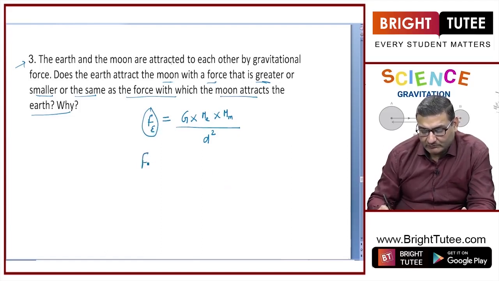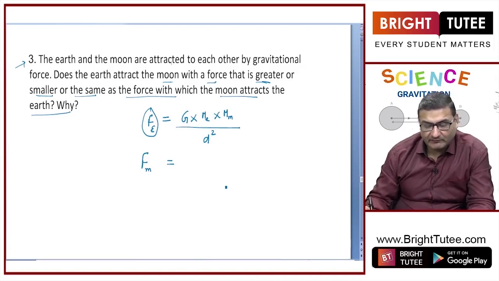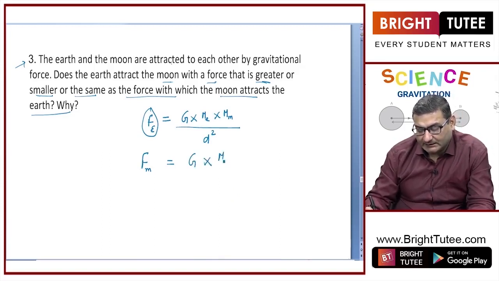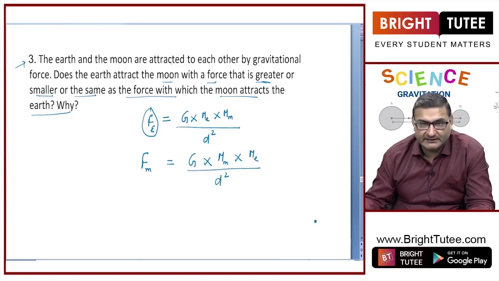Now, if I want to calculate the force exerted on earth by the moon, let it be Fm, then what exactly will be the formula? Once again, the gravitational constant multiplied by the mass of, now let the first object be moon, multiplied by the mass of the second object, earth, divided by the square of the distance between them.